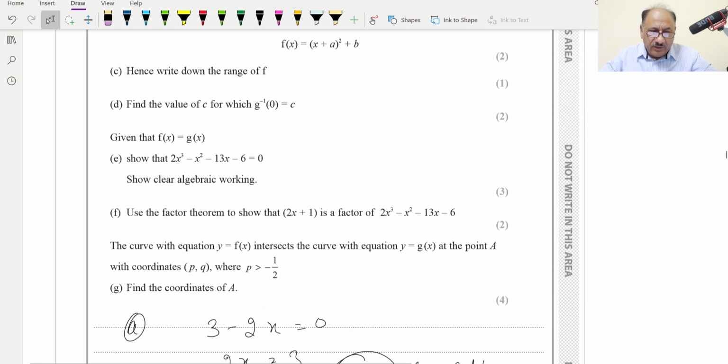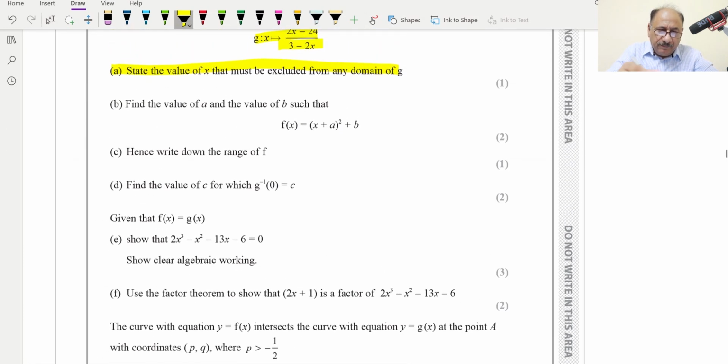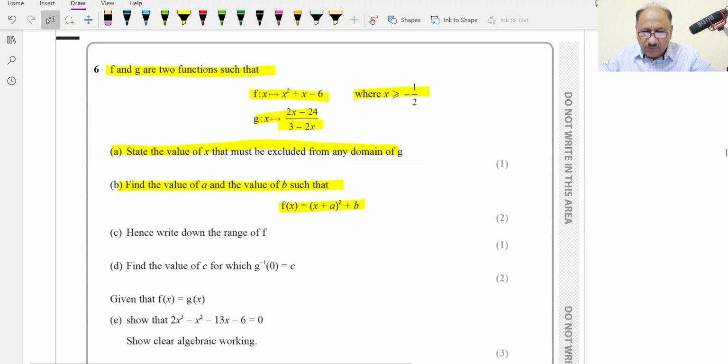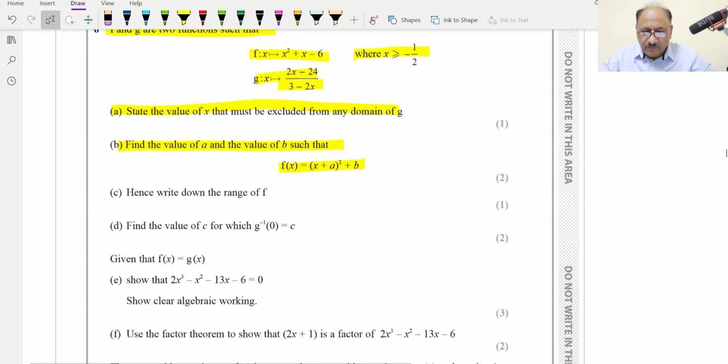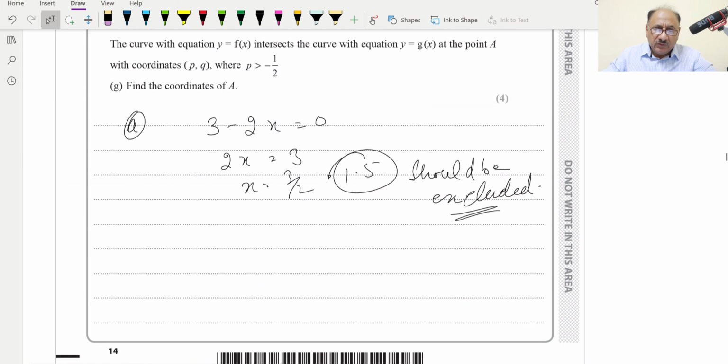Then comes B part. B part says find the value of a and the value of b such that this f of x is equal to this. So we have to write this f of x in completing square form, x square plus x minus 6. So we will write the B part as basically x square plus x minus 6.